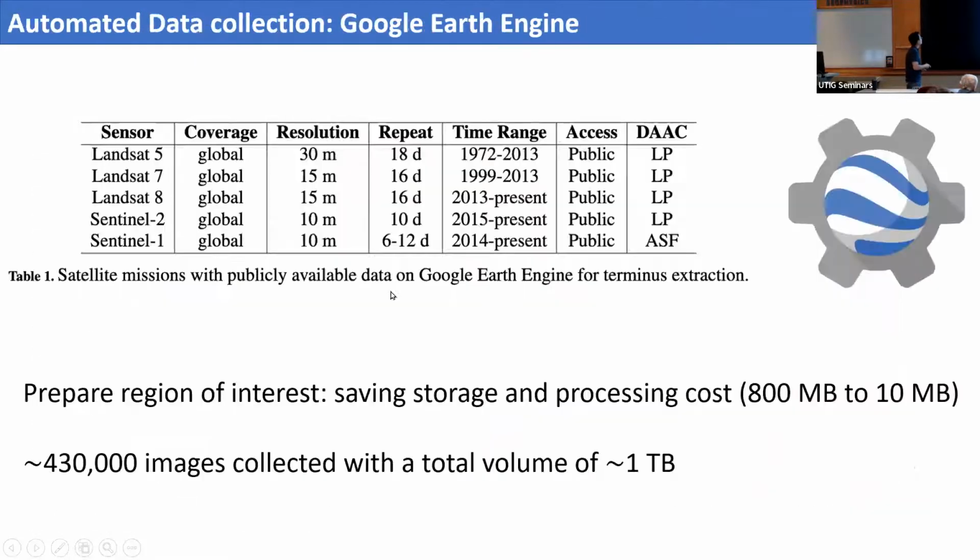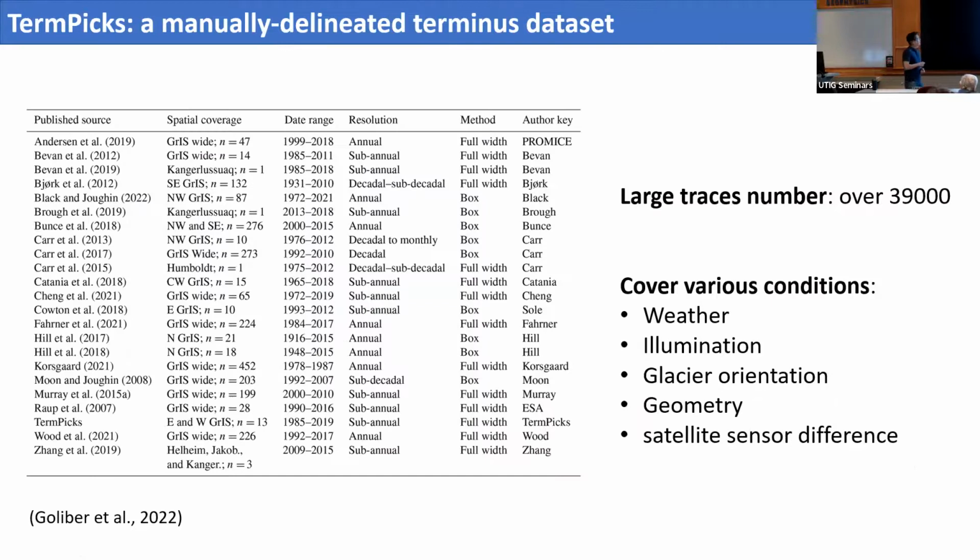It collects basically all the existing manually picked terminus traces. One of the advantages of this data set is that it has a large number of traces and it covers various conditions: weather, illumination, orientation, geometry, different sensors, and so on and so forth. So it can help us to build a training set with high heterogeneity.